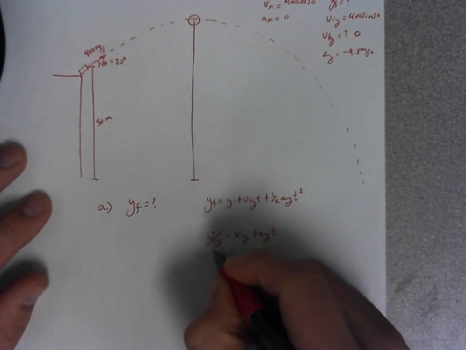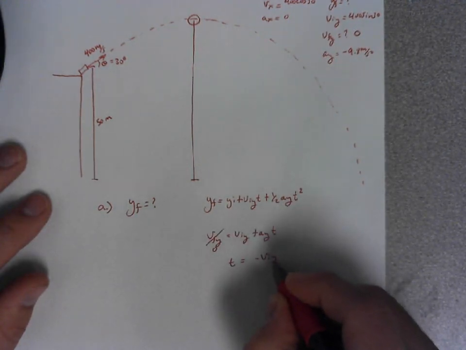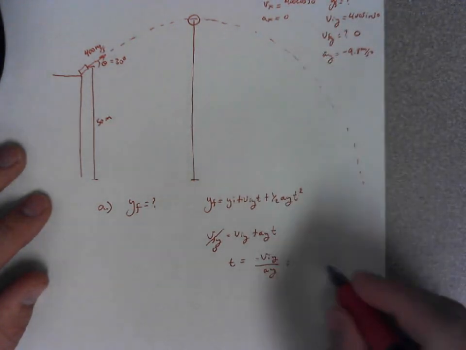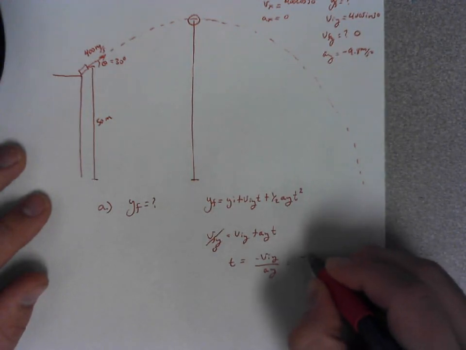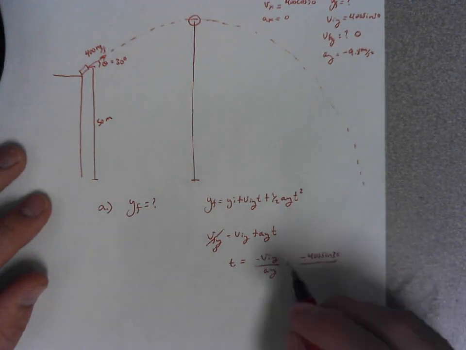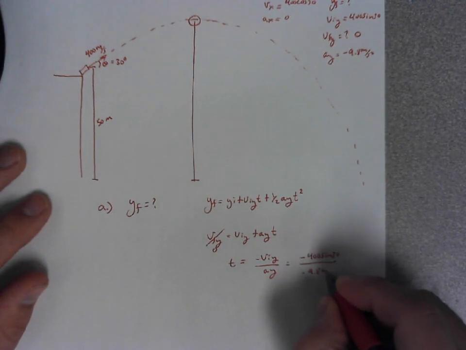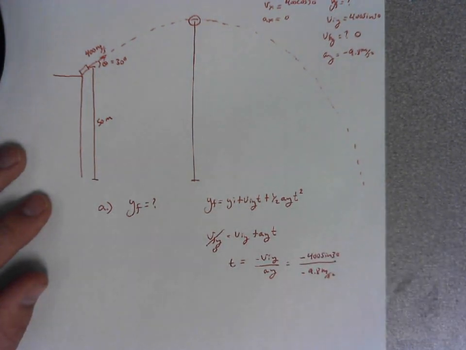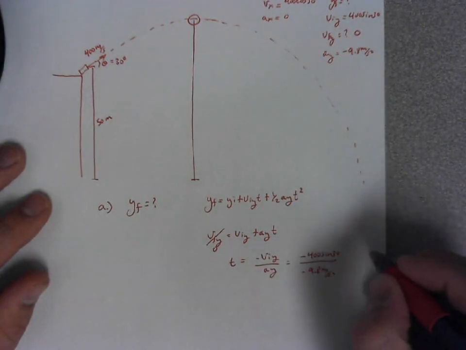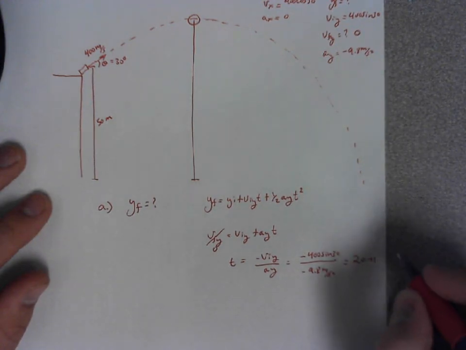I can make this go to 0, solve for t, and I get negative V initial y divided by Ay. Let's plug that in: negative 400 sine 30 divided by negative 9.8. Notice that because I've got a negative here, those negatives are going to cancel. Drop that in, and you're going to get something along the lines of 20.41 seconds.